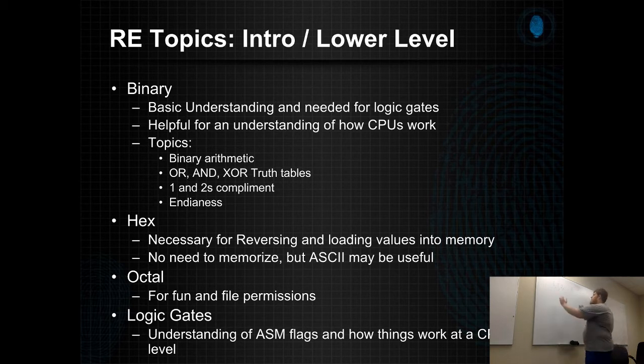So we go from 0 to 9, and then we bump up to doing 10 or 100 and so on. So we increment the amount of values. That's base 10. Binary is going to be base 2, and we only have 2 values for that, 0 and 1.